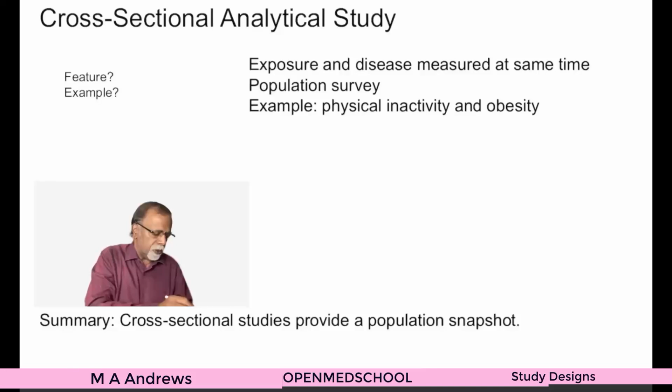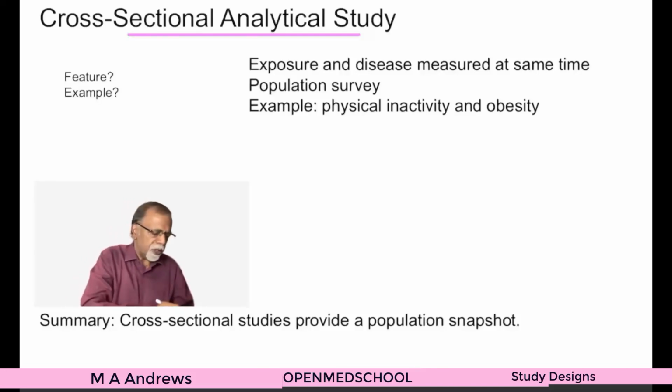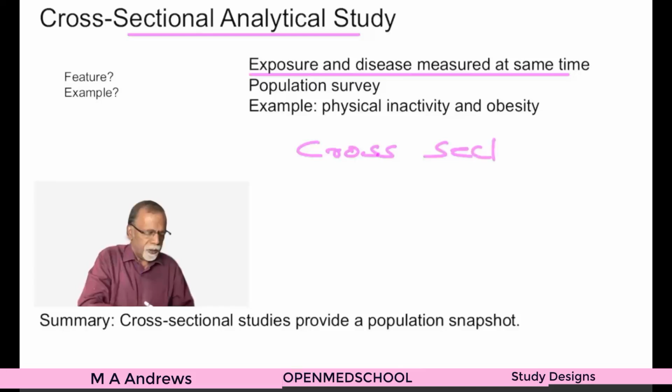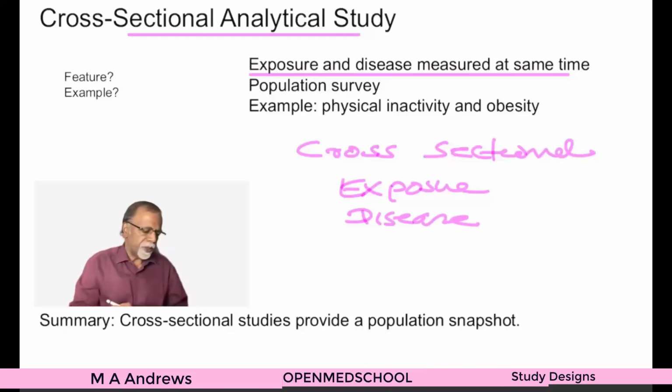So another is the cross-sectional analytic study. In a cross-sectional study, your exposure and disease are measured at the same time. So in a survey, the exposure and disease or the outcome are measured at the same time.